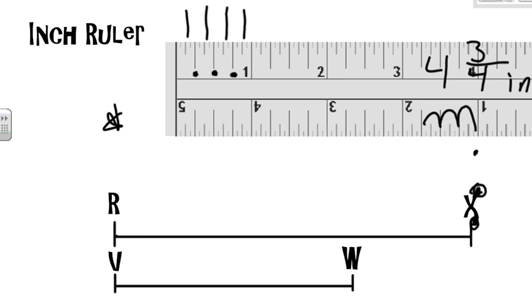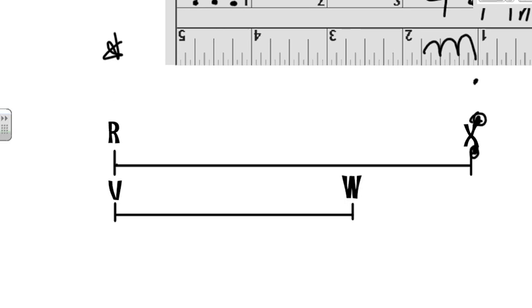And of course, we can get even smaller now as we've worked with this, and we can get into our 16ths: 1/16, 3/16, 5/16, 7/16. Oh, what is that, 9/16, and so forth, working with that. And so as we work with the inch ruler, we want to be able to measure all the way through the 16th place as we use that.